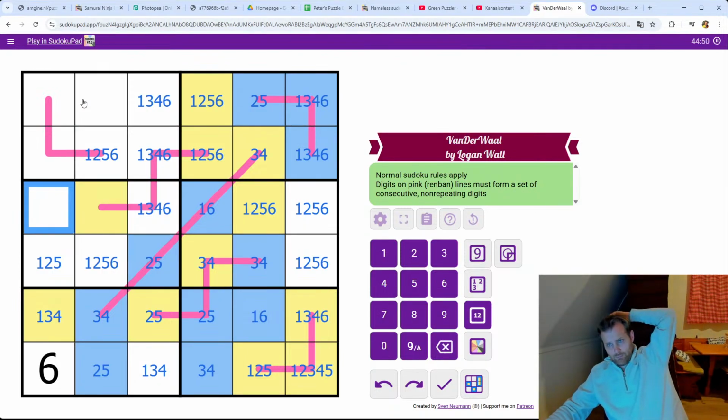Okay, I'm about to leave this puzzle because either you have to spam hints or I'm just leaving it because I'm too tired to do this.